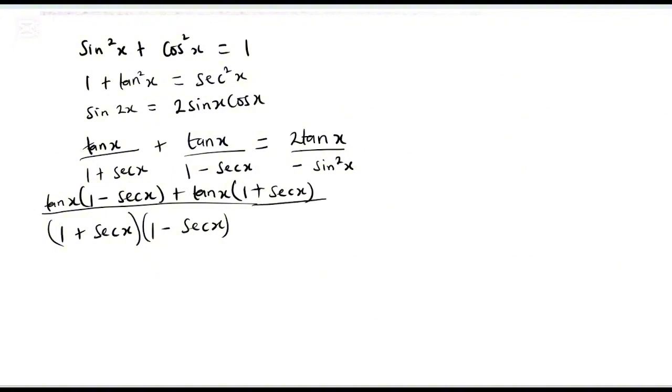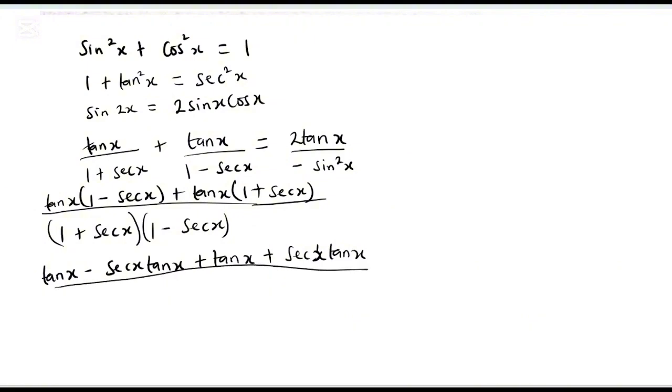So if you open this bracket, we have tan x minus sec x tan x plus tan x plus sec x tan x all over, then this is a difference of two squares, so you can have 1 minus sec squared x.